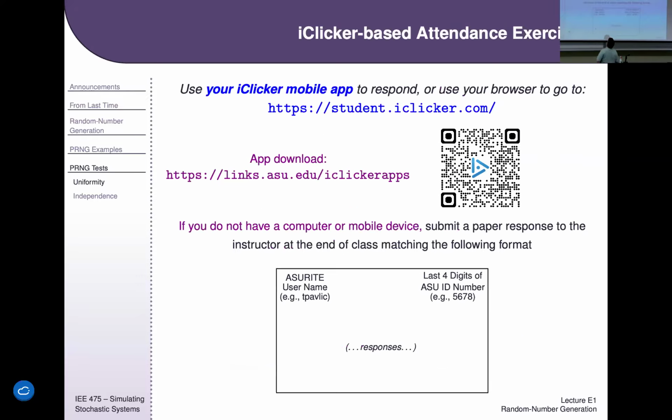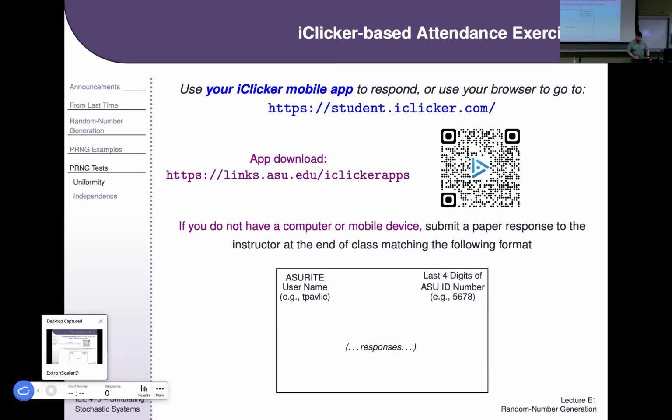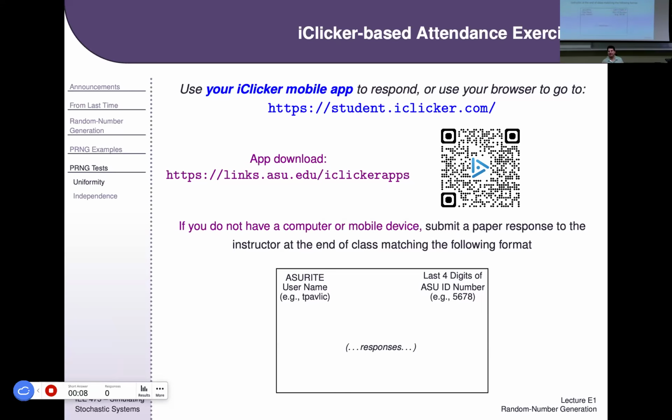I want to give you guys an opportunity for clicker credits. So, poll here. The question is, what is the minimum number of expected counts in each bin for the chi-squared test to be able to be used?